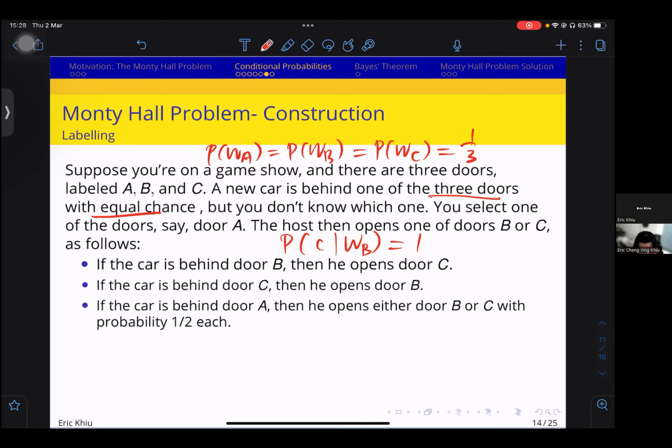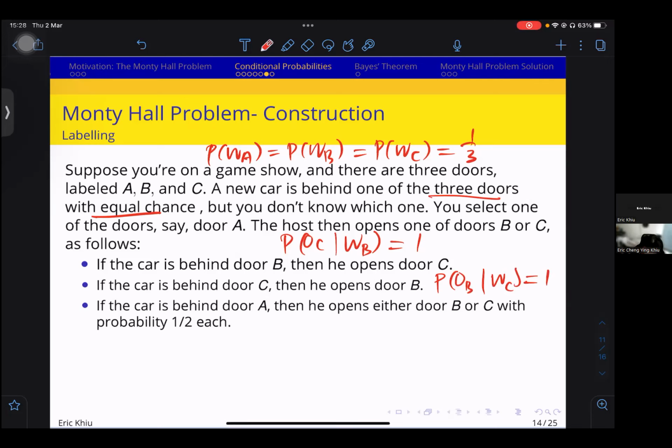Sorry, the host will for sure open door C. And similarly, if the prize is behind door B and you choose door A, the host can only open door C. Okay, I made a mistake here. Yeah, so given that the prize is behind door C and you choose door A, the host can only open door B, so this will be 1 as well.